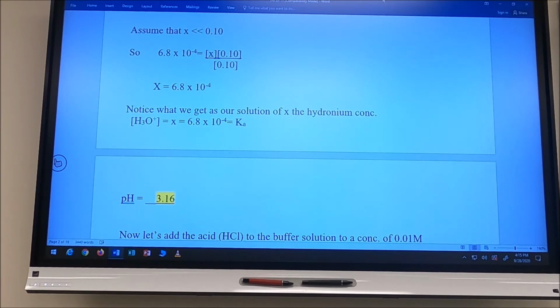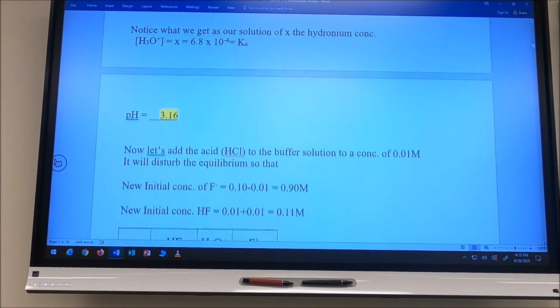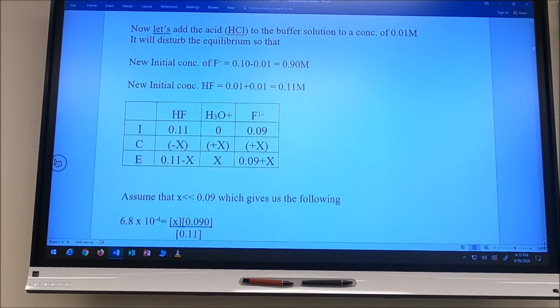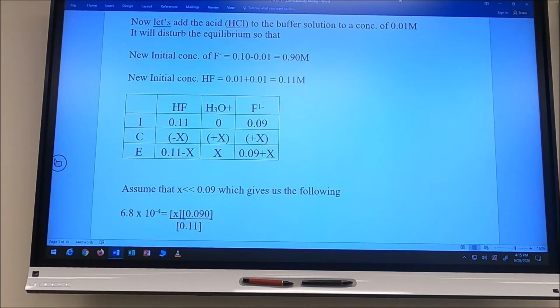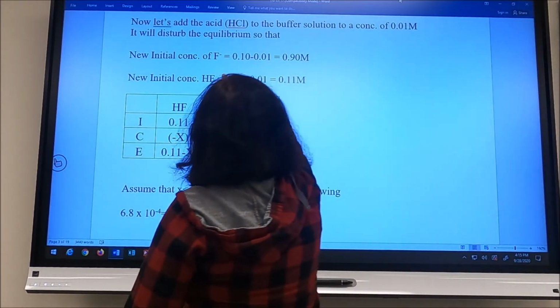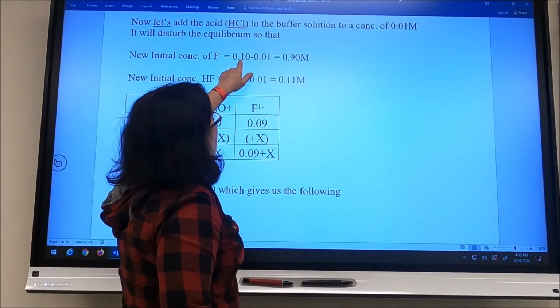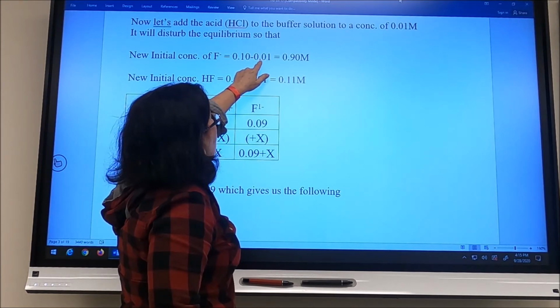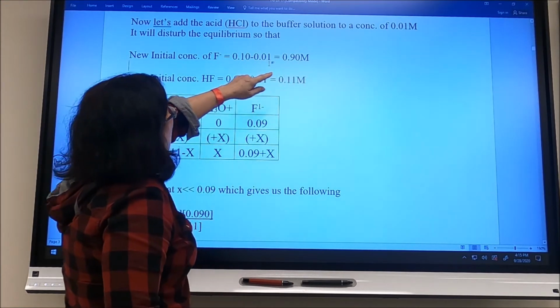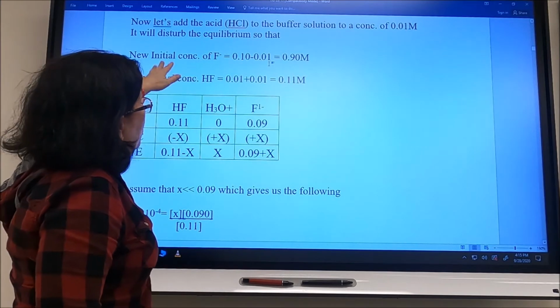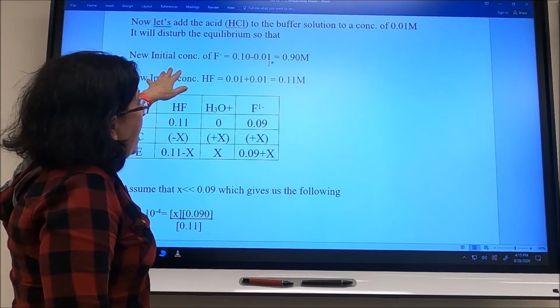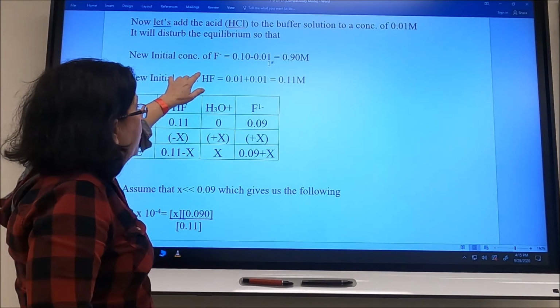Now we're going to add the HCl to this. If I add a little HCl to the buffer solution, and it's got a concentration of 0.010, then my initial concentration of fluoride ion is not going to be the 0.1 initially, but it's going to be 0.10 minus 0.010. That's a strong acid. I added it to this acid-base reaction in a buffer solution.